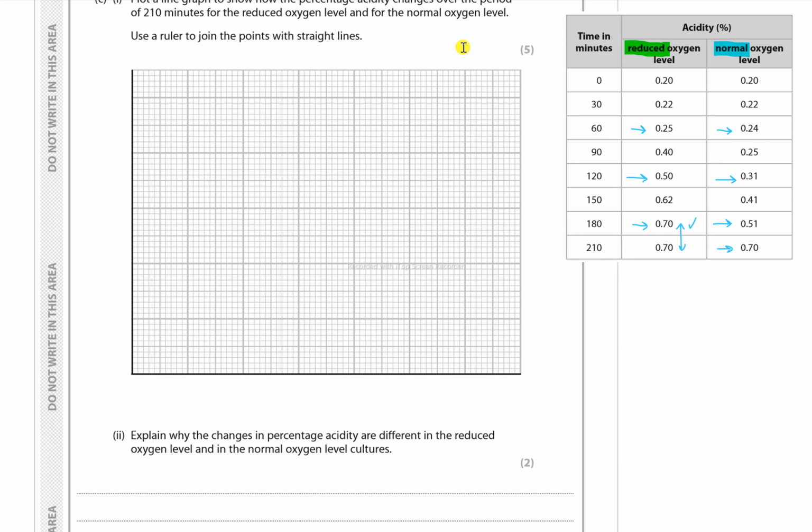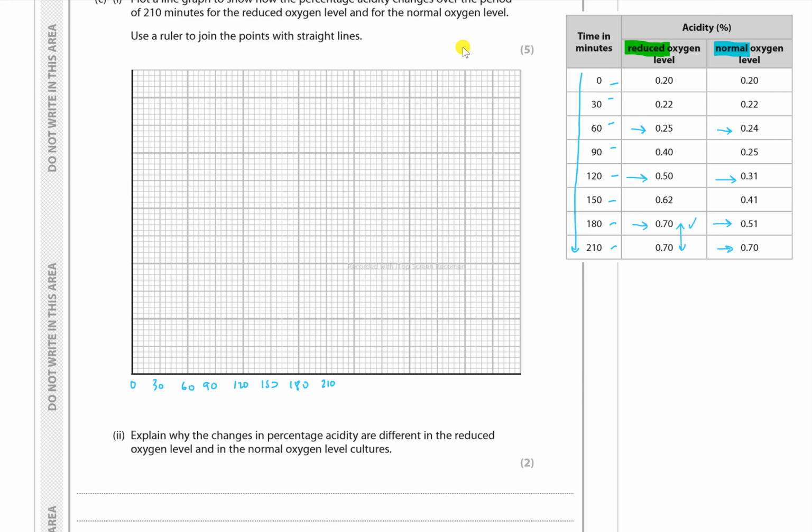Right, we can now plot this. So we'll put the time here on the x-axis. So you've got 1, 2, 3, 4, 5, 6, 7, 8. So if we call this 0, call that 8, so that'll be 1, 2, 3, 4, 5, 6. Okay, let's do this 2. So that'll be 30, 60, 90, 120, 150, 180, 210.